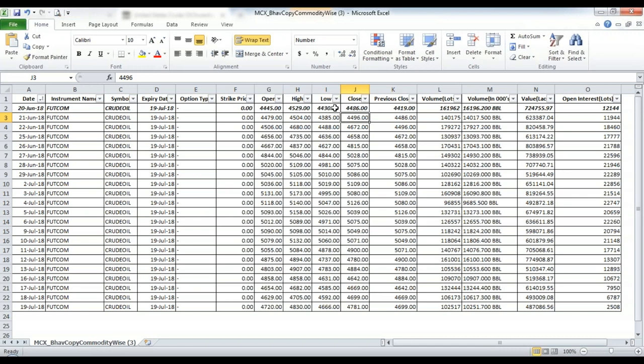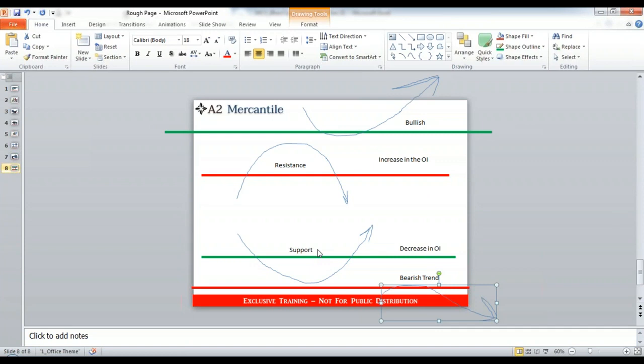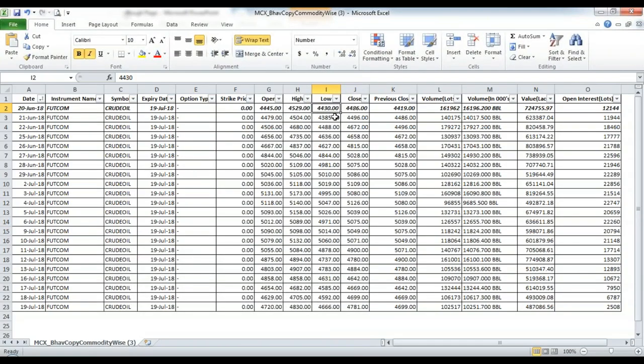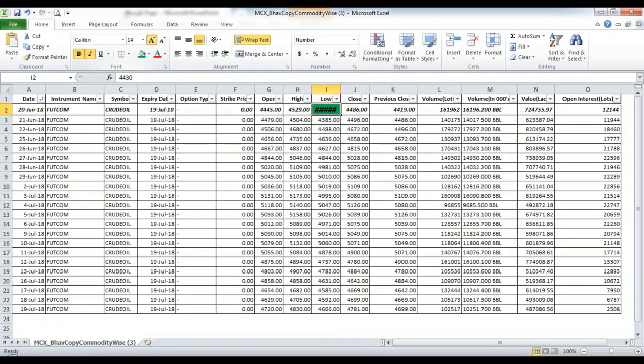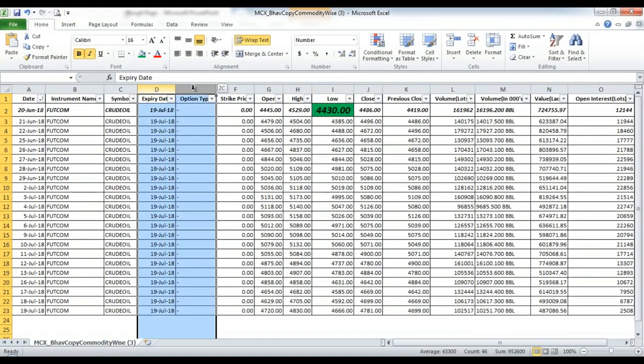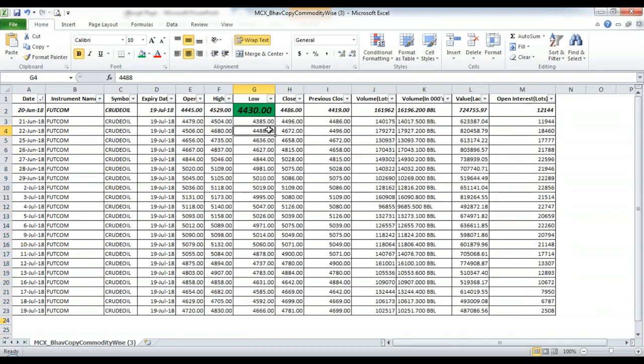Now it went above the low and it closed, with lower, reducing open interest, correct? Support. So let me mark this as green, right? So this is support. I'm just removing this section so that we have more space. Yes, this is support, right?